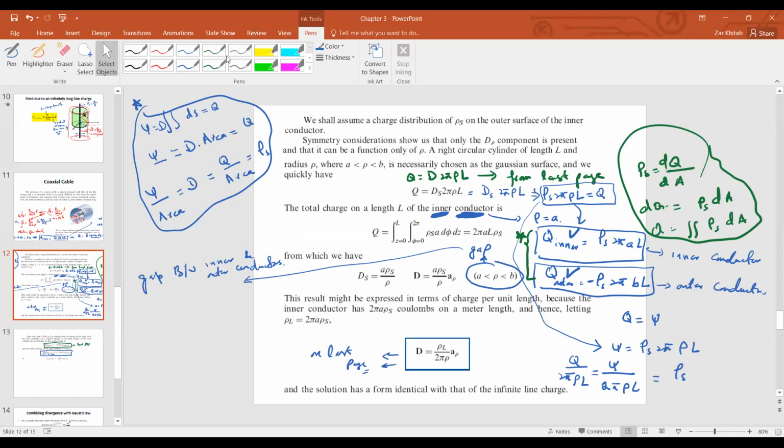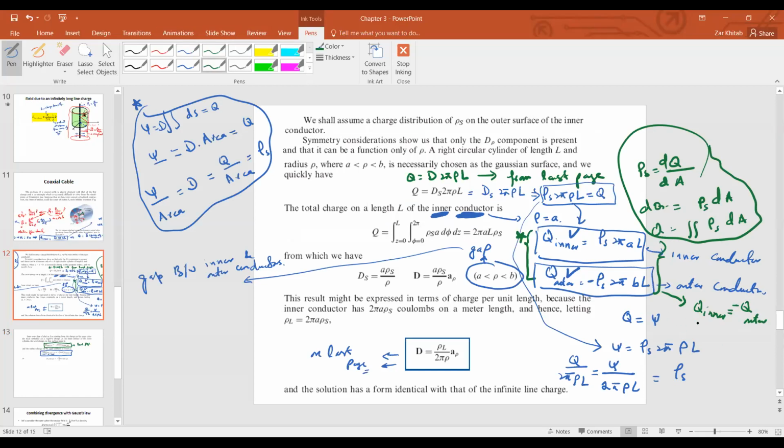Okay, so if you combine these two equations, you say Q inner is equal to Q outer but just with the negative sign. So what that means?